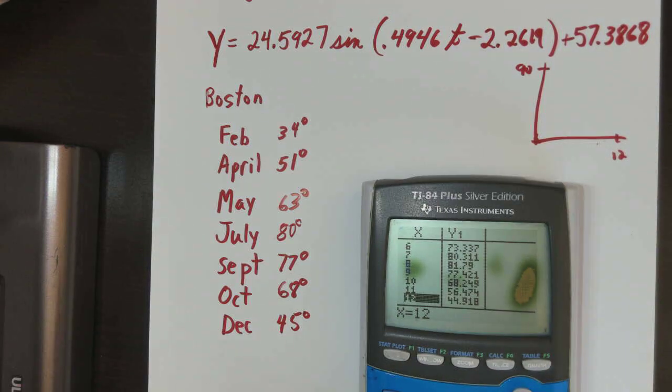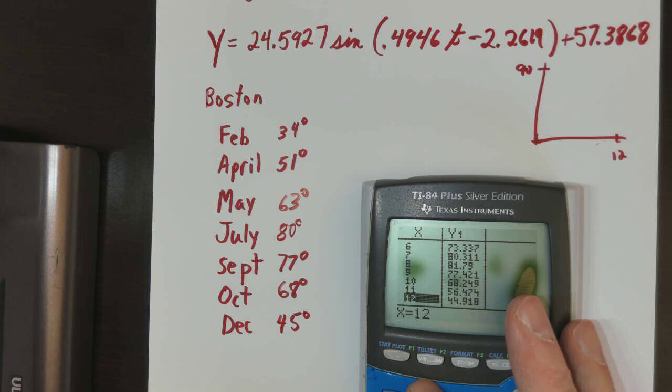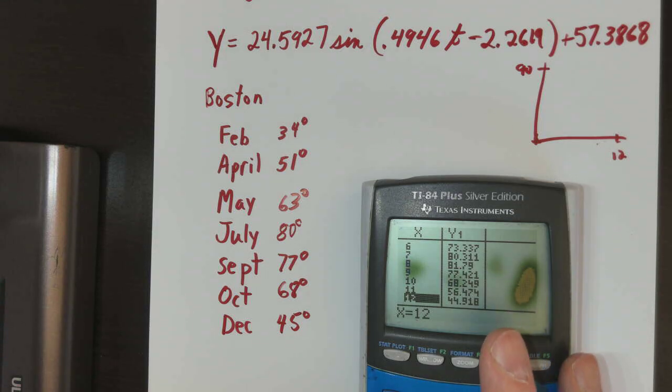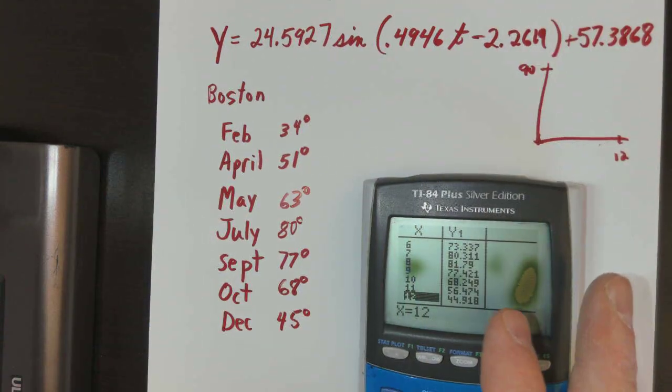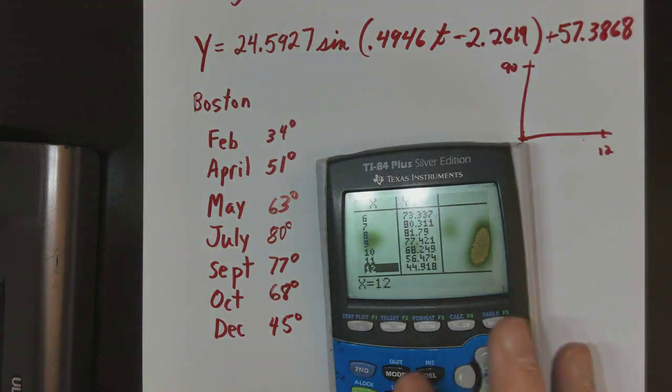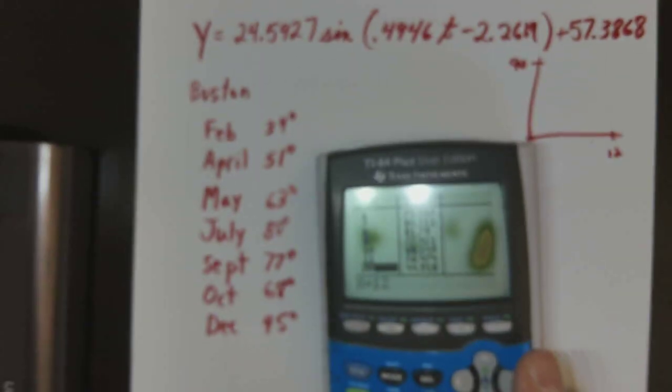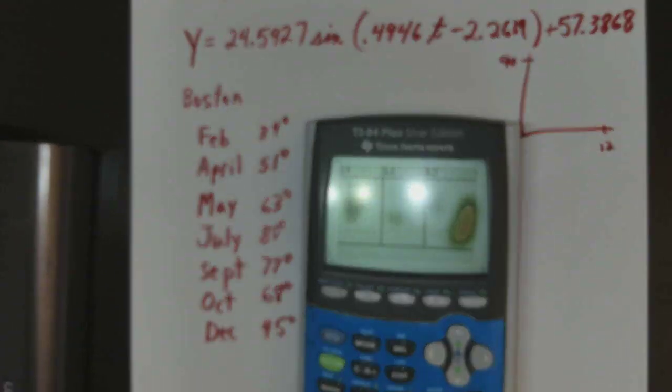And in the same viewing window. So what I would encourage you to do is this. You could redo the table and just get a new equation, and that would be fine. But if you recall, where did I go first? I hit Stat, I hit Edit.